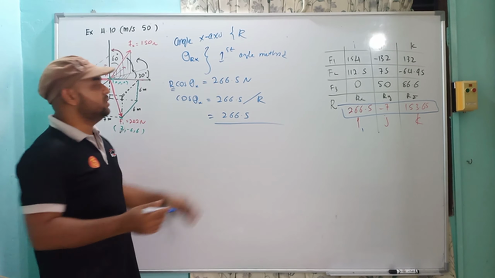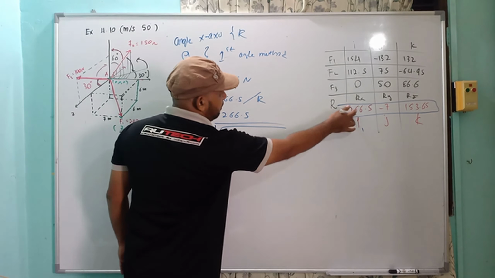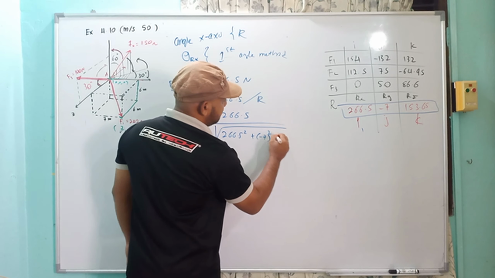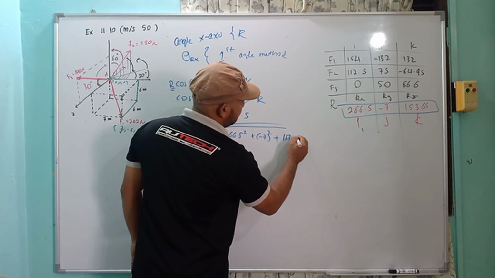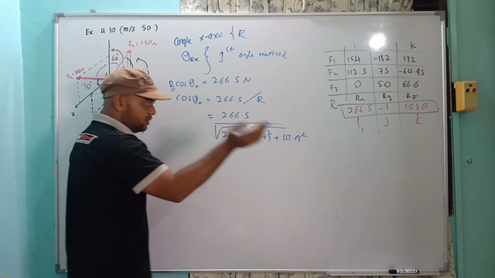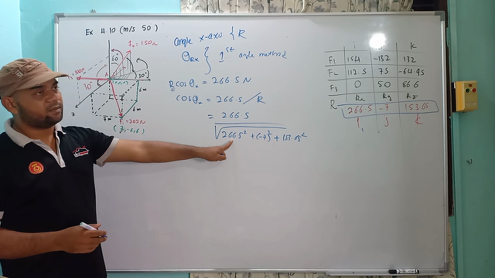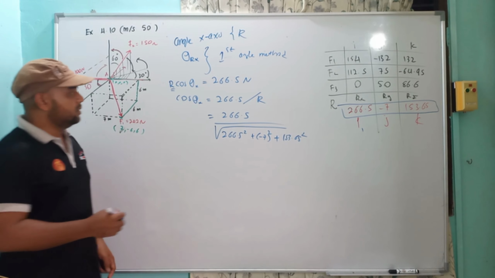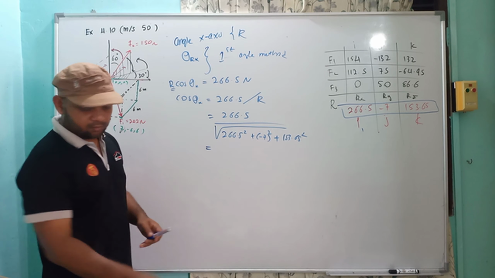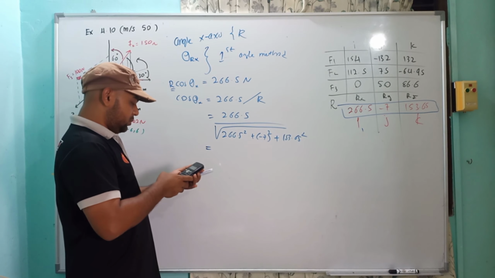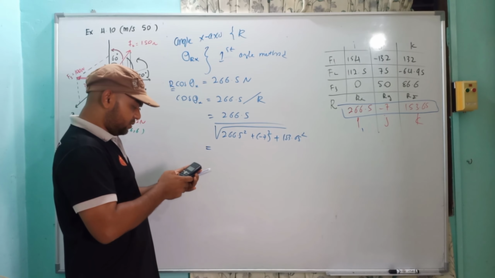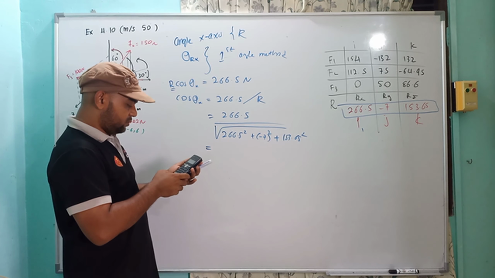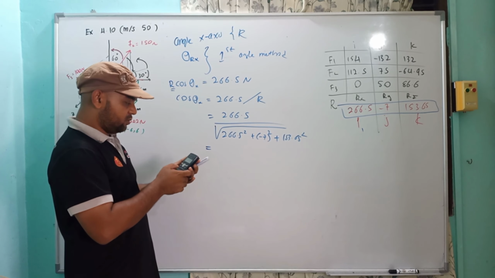Same as the R. So R is the square root of 266.5 squared plus 7 squared plus 153.65 squared.